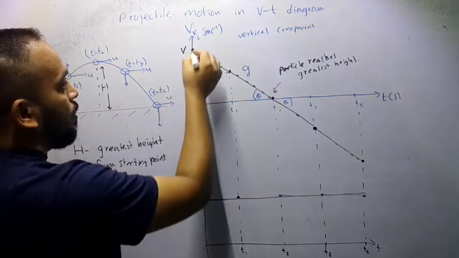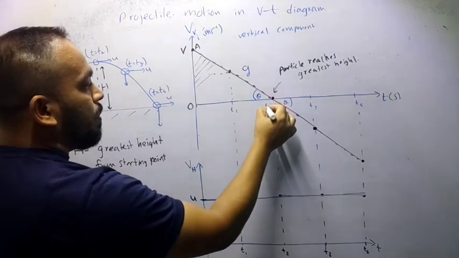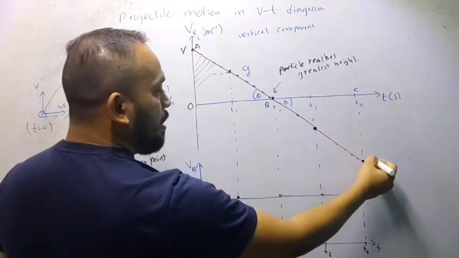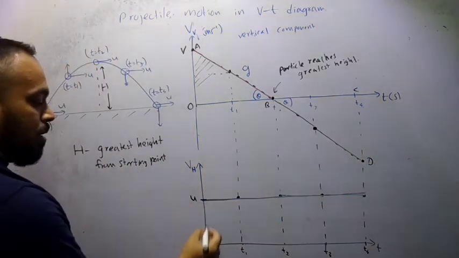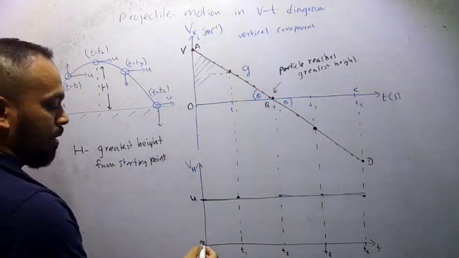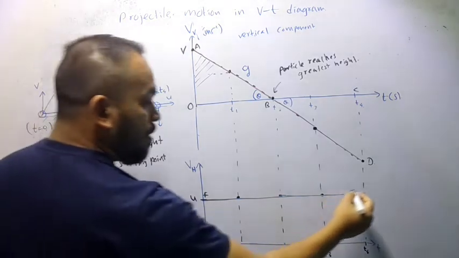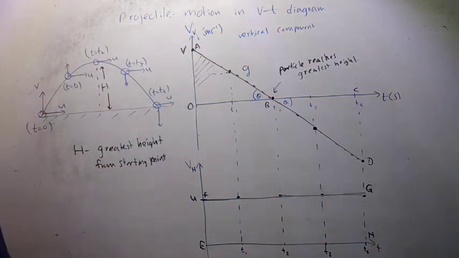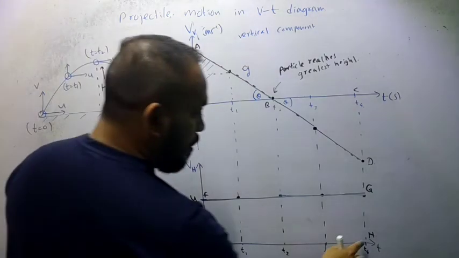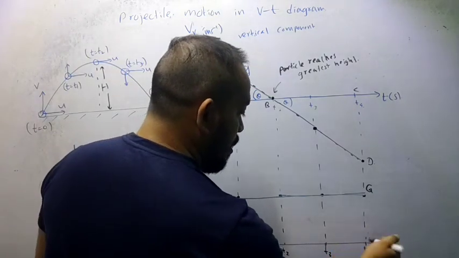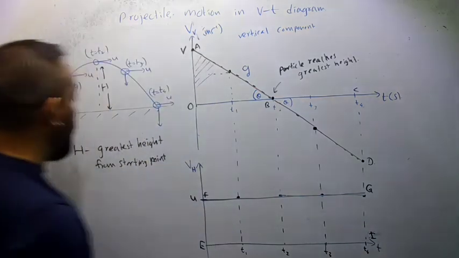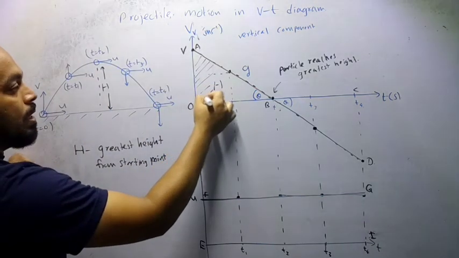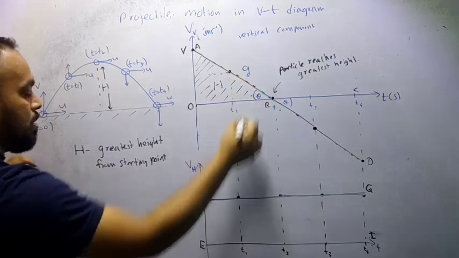If we mark this, A, B, right? Then C, D, suppose, E, F, G, H, we can take any. H, let's not use H. Let's use I. The greatest height. So this area represents the greatest height.